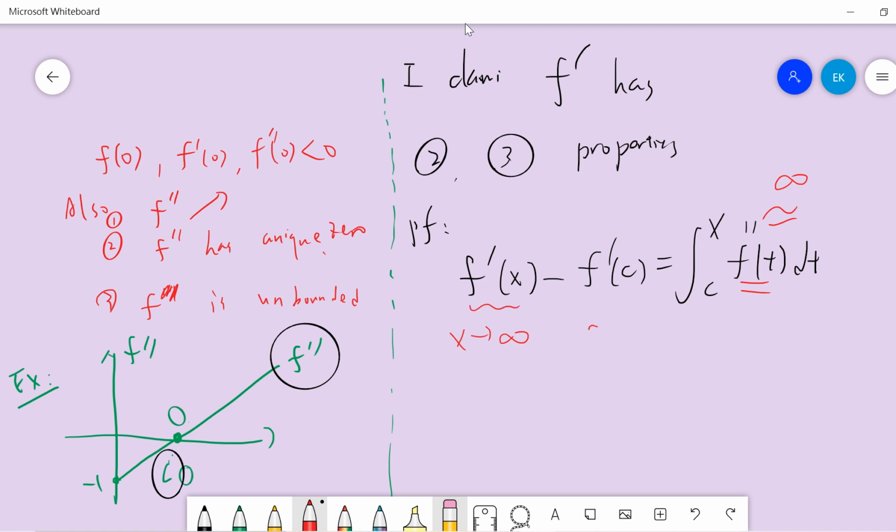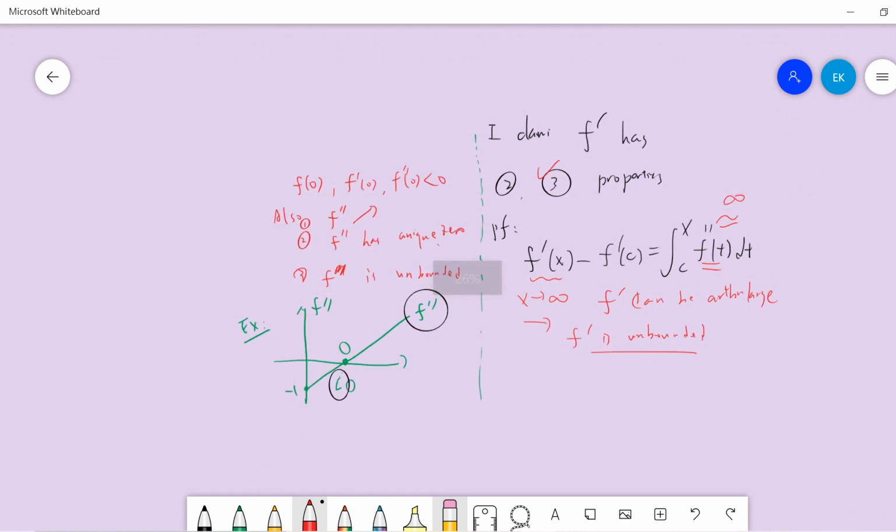So basically, this tells you that f' can be arbitrarily large. So f' is unbounded. So we have the third property. The difficult part is f' has a unique 0 at some point.